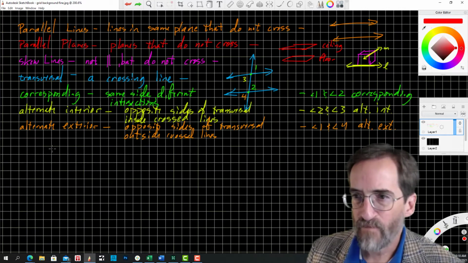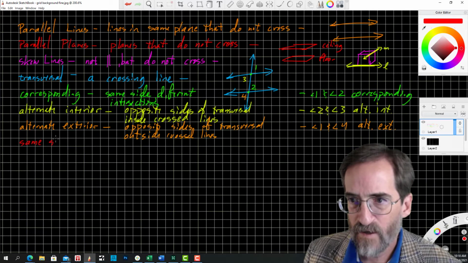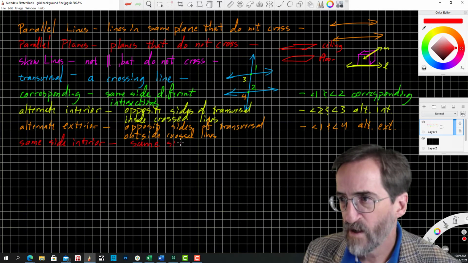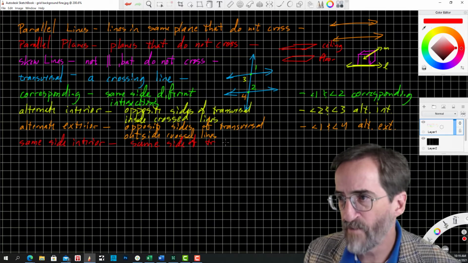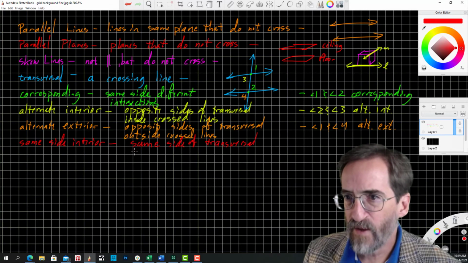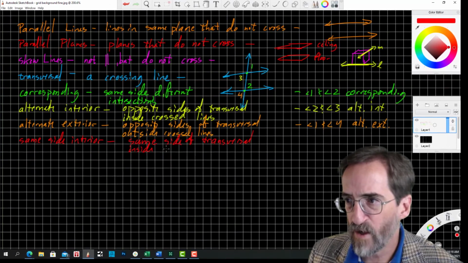Okay, that brings us to same side interior. They're on the same side of the transversal, as opposed to the alternate or opposite sides of the transversal. And they are inside the crossed lines.